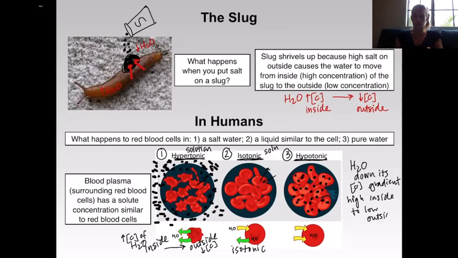Water is going to rush in, and you will actually see cells burst, right? So it's really important in our blood that our blood plasma is not too salty, or it would shrivel the blood cells, or not too watery, or the cells would burst.